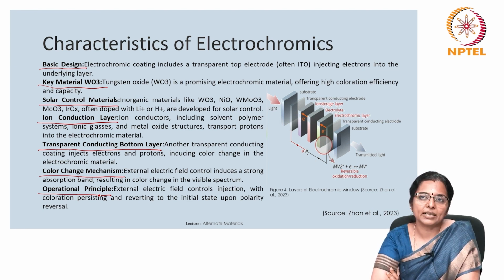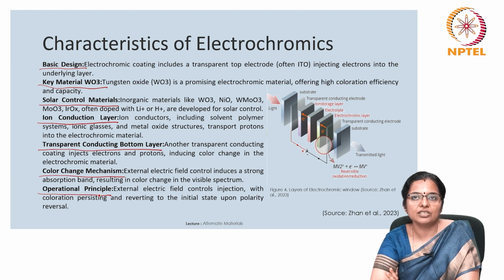So, electrochromic things are like magic color changing materials. They have a clear top part that sends in tiny particles called electrons. Special materials like tungsten oxide are like the star because they can change color really well. But scientists have also used other materials like nickel oxide or other chemicals to control sunlight.